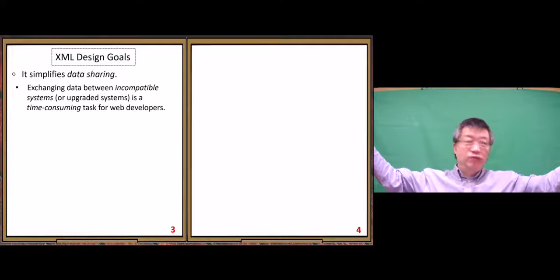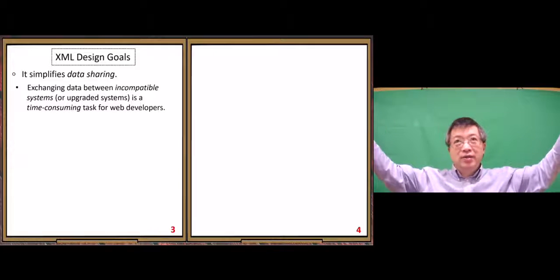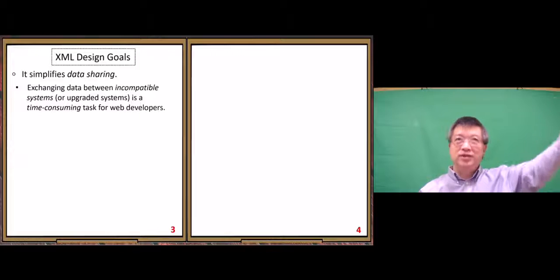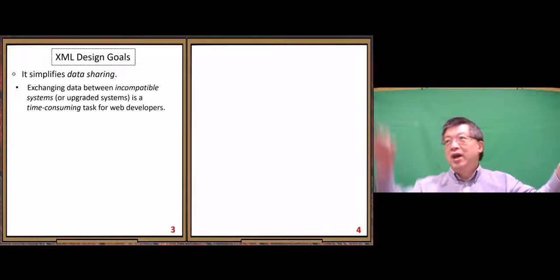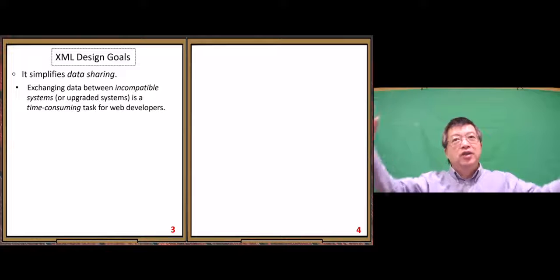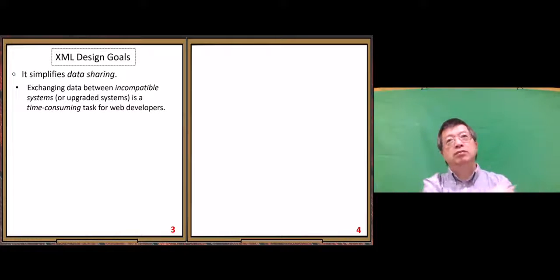Different machines, such as Windows and a Mac, we can say are incompatible, right? And different software systems: one software system and another different software system. They want them to communicate, right? So, between incompatible systems.